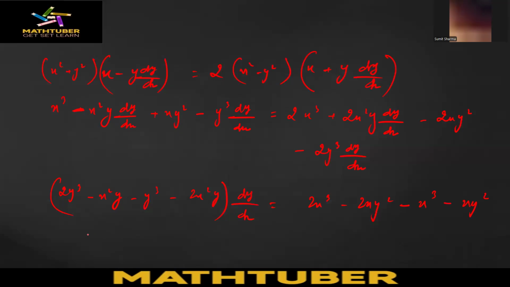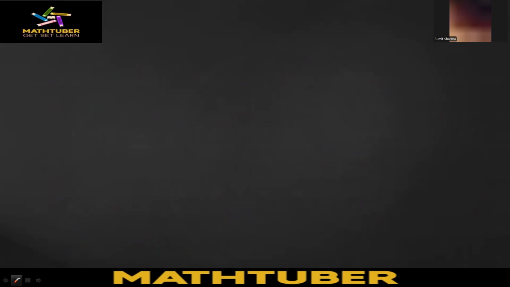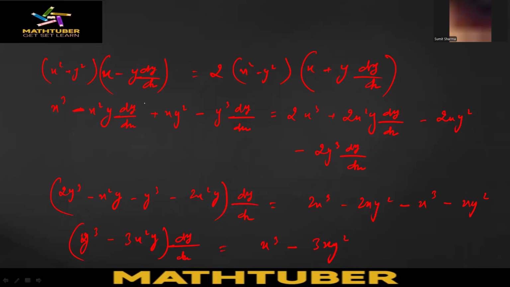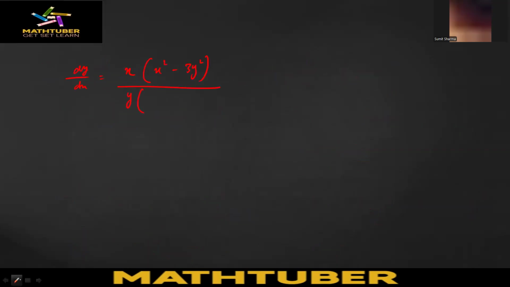Okay, so it is (y cube minus 3x square y) into dy by dx is equal to x cube minus 3xy square, and we can take x common from the numerator and y common from the denominator. dy by dx is equal to (x square minus 3y square) upon (y square minus 3x square).